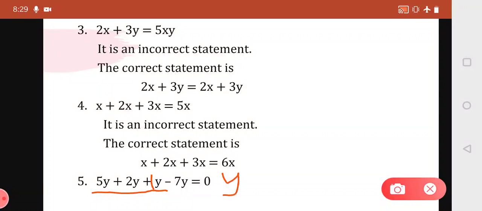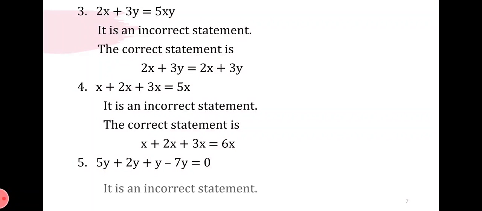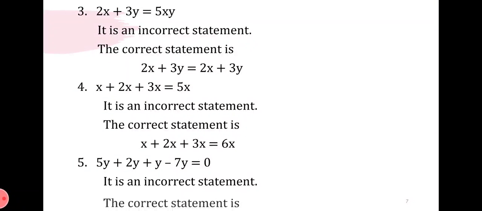Yes, you can write y, because we are not writing the coefficient 1. So we have to write 1. This 0 is wrong. So again it is an incorrect statement, and the correct statement is 5y plus 2y plus y minus 7y equal to y. It should not come 0.